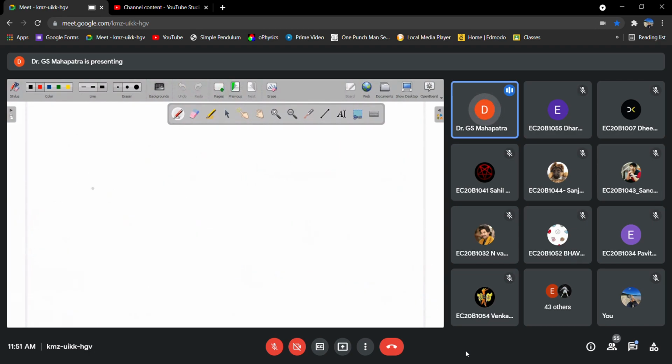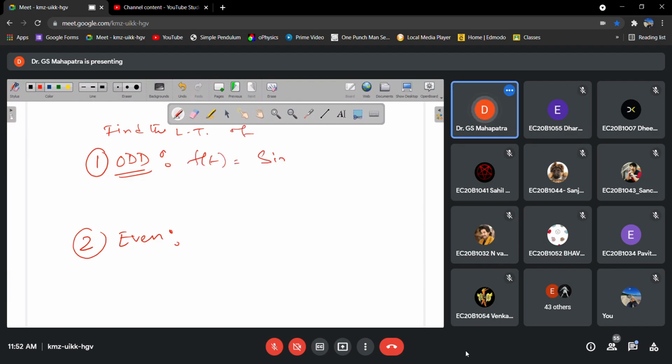You have 10 minutes time. You have to complete this one, 9 minutes. Pen and paper. I will see. Odd roll numbers, do this sum: find the Laplace transform of f of t equals sin at. Even roll numbers, find the Laplace transform of cos at.